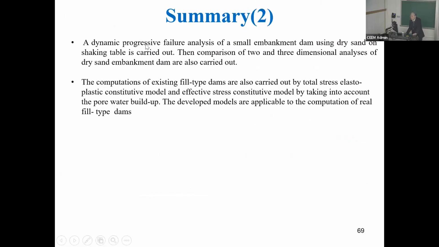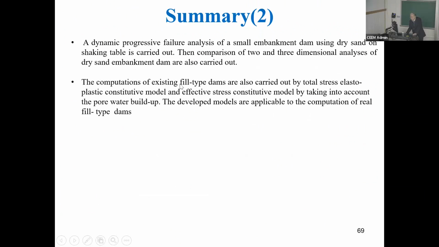Dynamic progressive failure analysis of a small embankment dam using dry sand on a shaking table was carried out. Then, comparison of 2 and 3 dimensional analysis of a dry Toyoura sand embankment dam was also carried out.